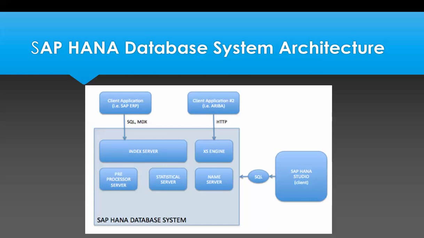So we have client applications as well. SAP HANA can accommodate multiple clients across multiple instances to provide access to useful data across a number of related applications. You can see over here there's a client application, SAP ERP. SAP HANA can also connect via an optional module, that is Access Engine, to a client application via HTTPS.